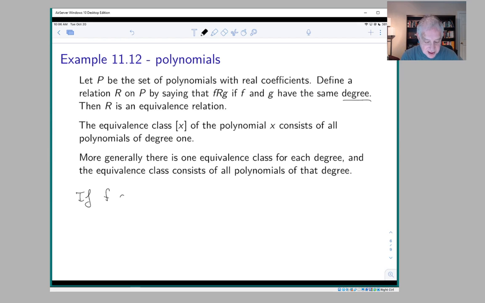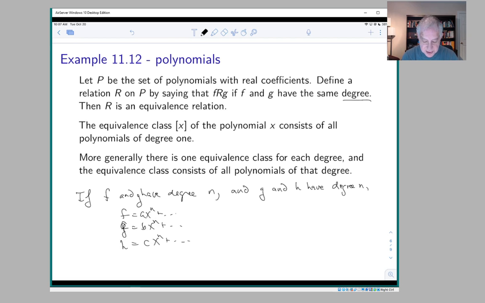If f and g have the same degree, and g and h have degree n, well, this means that f starts with ax^n plus lower order terms, and g starts with bx^n plus lower order terms, and h starts with cx^n plus lower order terms.